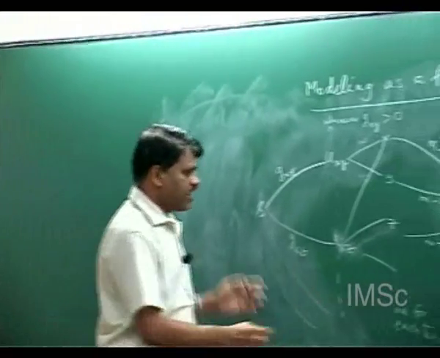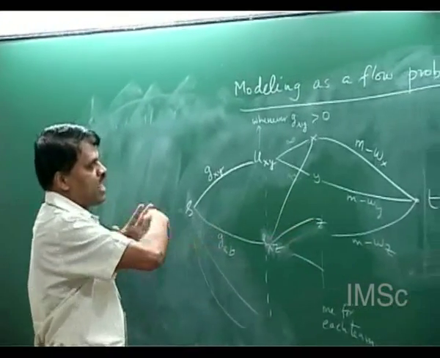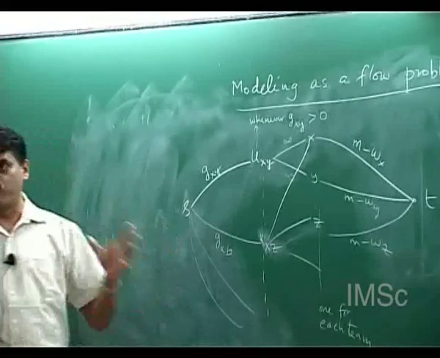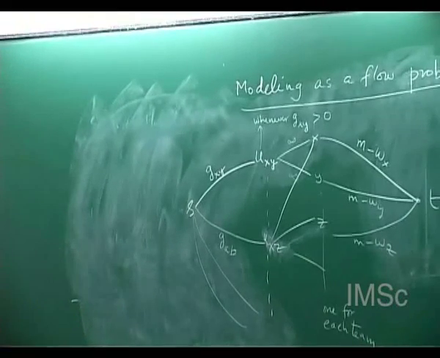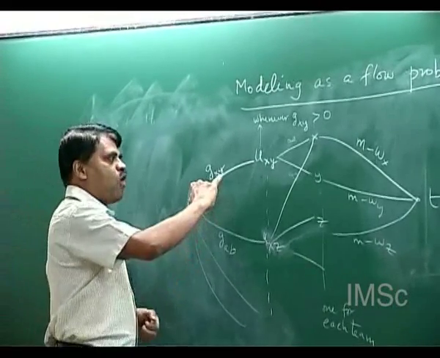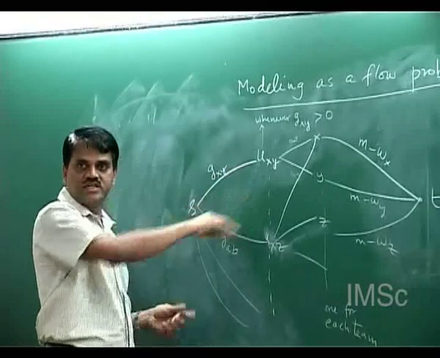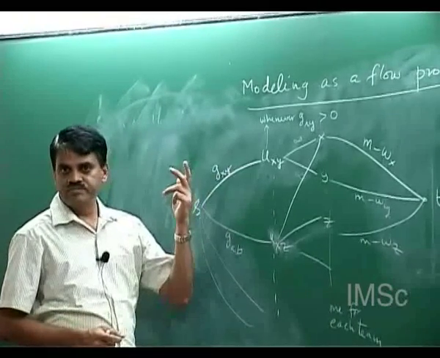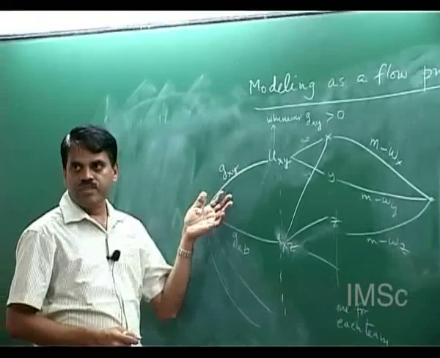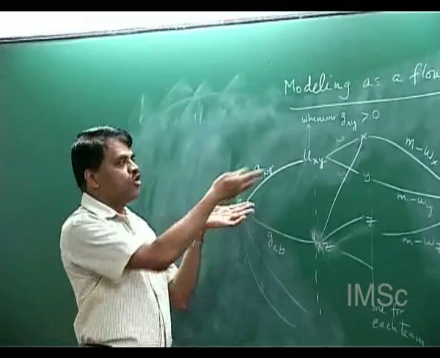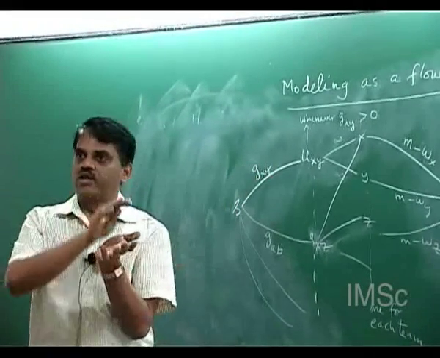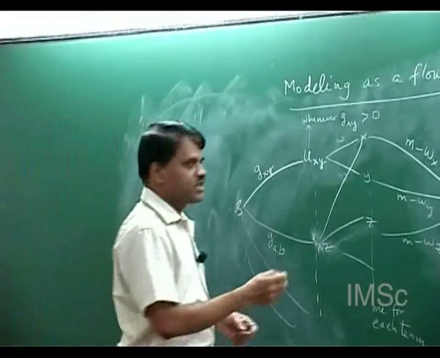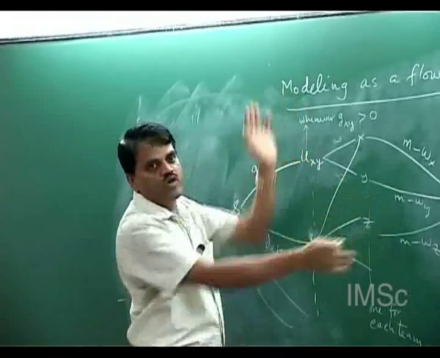So for people who don't know flow, you have a directed graph, a source and a sink, and there is a capacity on the edges, and we are interested in maximum flow. What is a flow? It's a function on the edges. You have to tell me how much flow goes through every edge, satisfying two properties. What are the two properties? Capacity constraint: the flow going across an edge should be bounded above by the capacity of the edge, and a conservation constraint: whatever flow comes in should go out of every vertex.